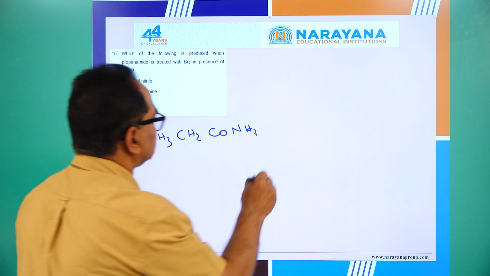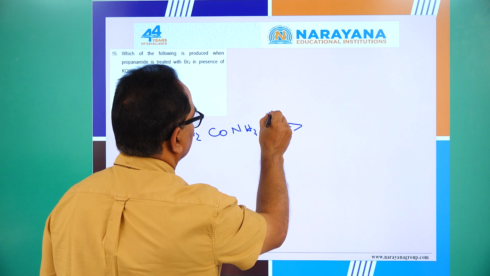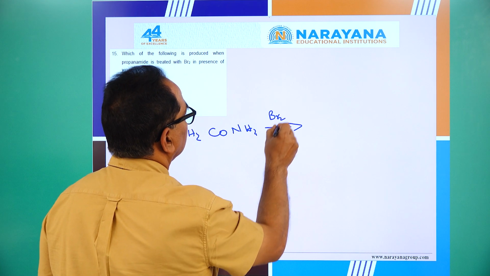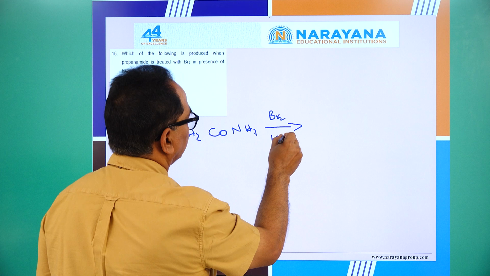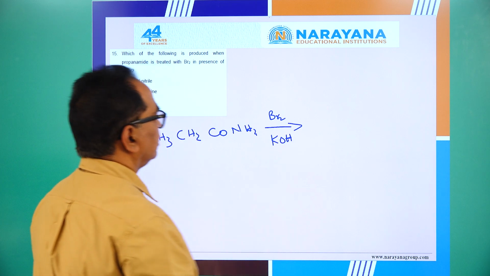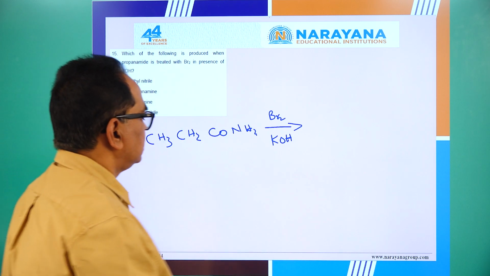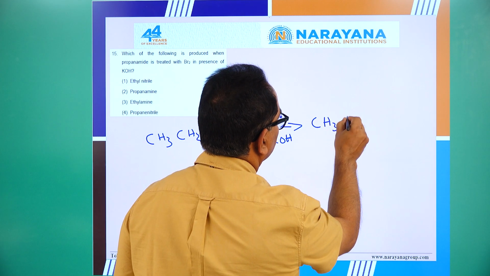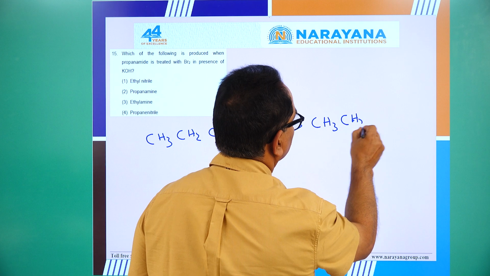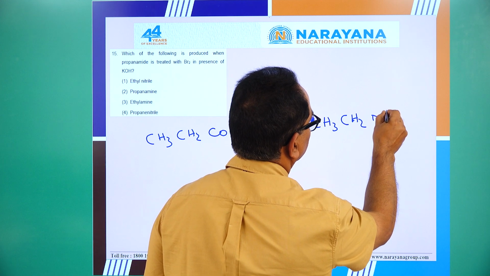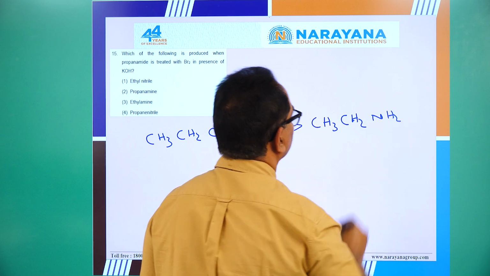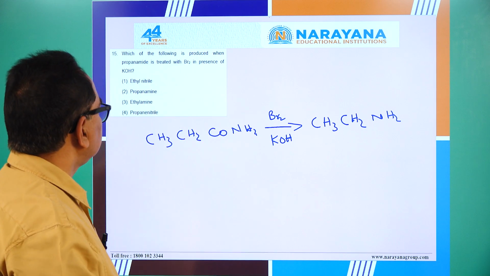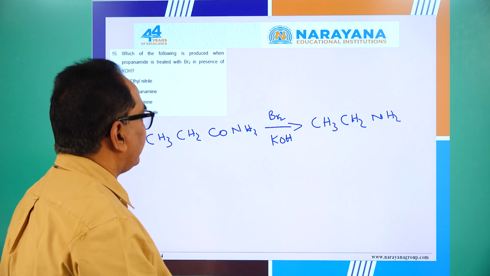When it is treated with bromine in the presence of KOH, we get CH3CH2NH2, which is nothing but ethylamine.